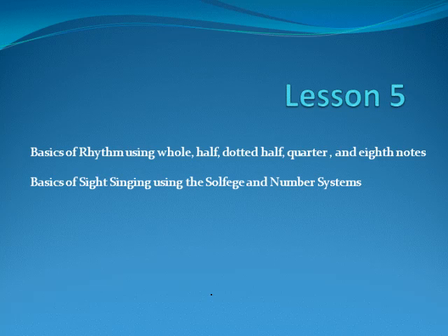That means that you are looking at pitches and are trying to figure out what they sound like and produce them without actually playing them on an instrument, but you are actually trying to sing them as you see them. It's quite complicated, but we're going to just touch on this subject a little bit, not very much. Anyway, so Lesson 5, we're going to start out with the rhythm part of that.